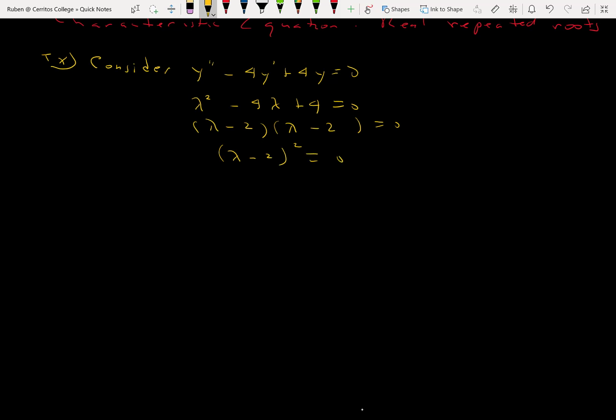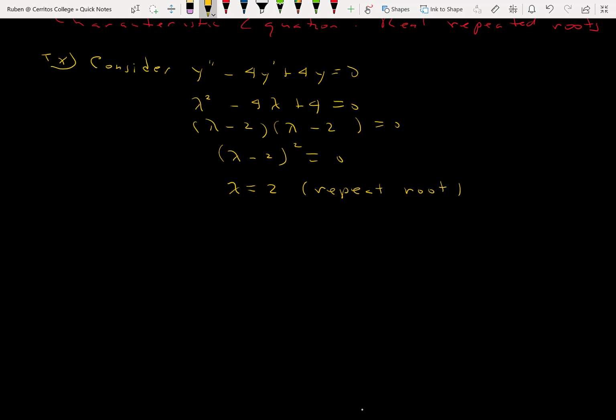So what this says is that lambda equals 2 is the only root of this quadratic equation, but this is considered a double root. If you recall from pre-calculus, we have a repeated root, or a root of multiplicity 2.